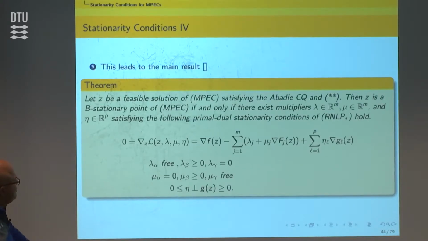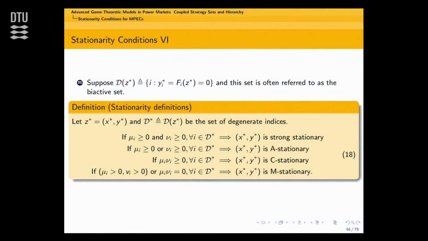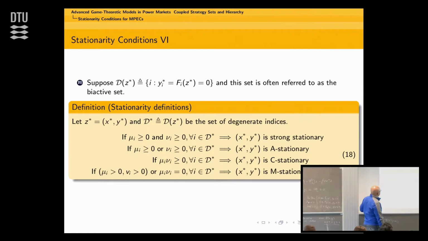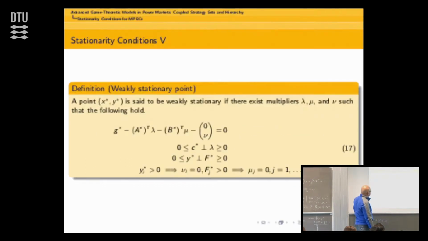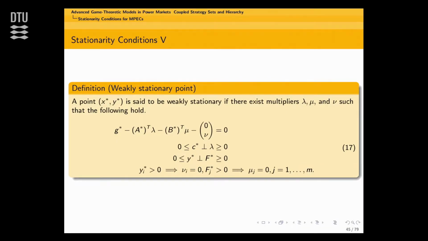In this case, let me show you this. It should be mu i and eta i.